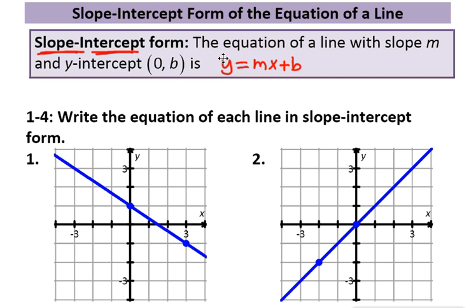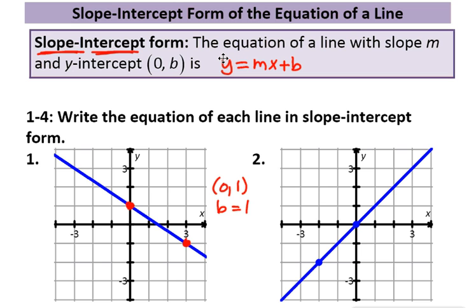In order to do that, I'm going to look on here, and I'm going to see that here it is, that's the y-intercept. The y-intercept has the coordinates (0, 1) in this case, so b is equal to 1. The slope, remember, is rise over run. So I want to go from one point to another point on the line. You need to be careful. You can see we made the obvious points showing.